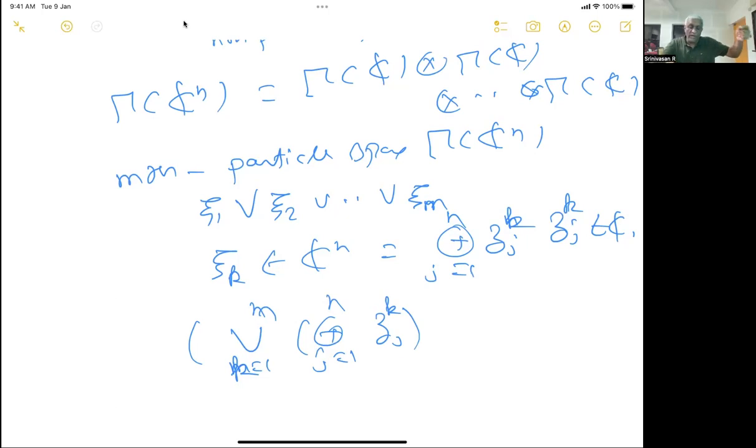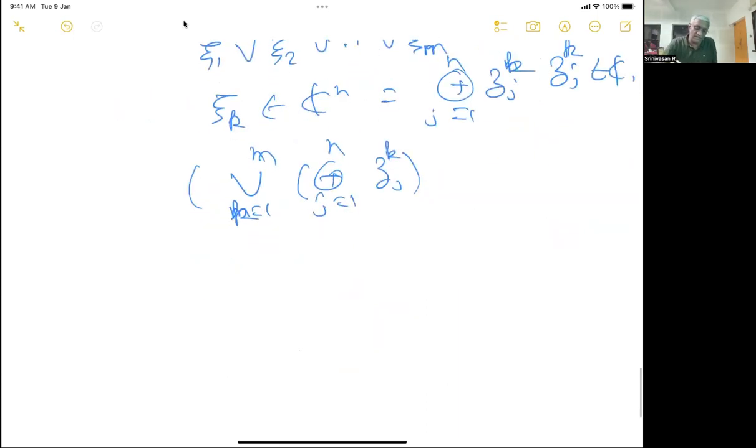If you take the nth particle space, it will only permute it, here in the nth particle space. Permutation means, if you take something here and bring it here. You symmetrize U tensor n acting on xi1 wedge up to xn.